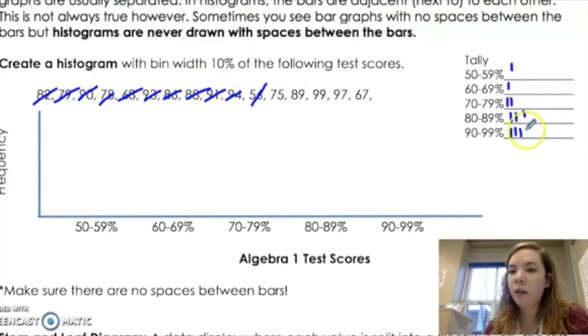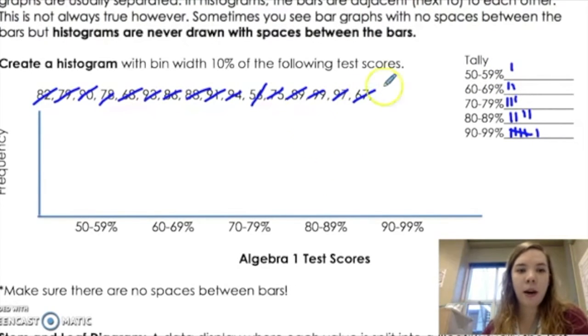We're going to be doing a lot of data in a list that's not organized, and I really would suggest that you cross off things as you go because it's really easy to get lost and lose your spot. All right, so there's our tallies.